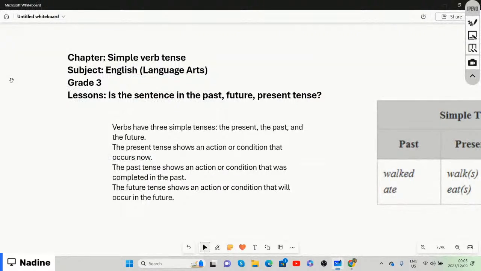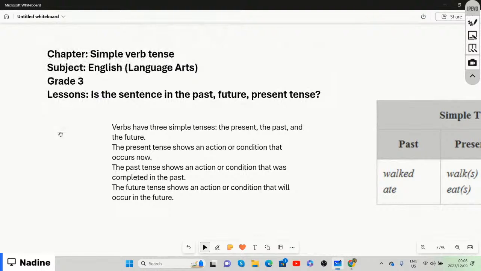So there are three different tenses: the present, the past, and the future. Our subject is English language arts, grade 3, and the lessons we're going to focus on are the sentence in the past, the future, or the present tense.